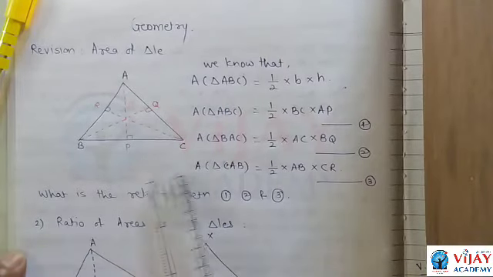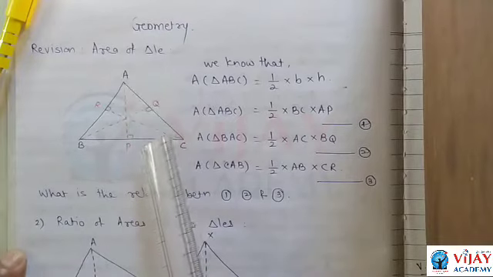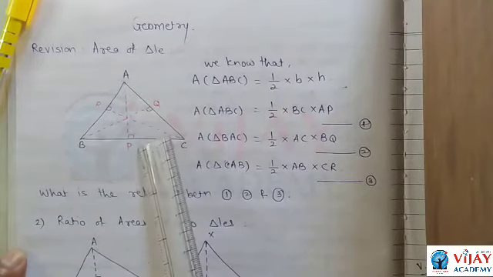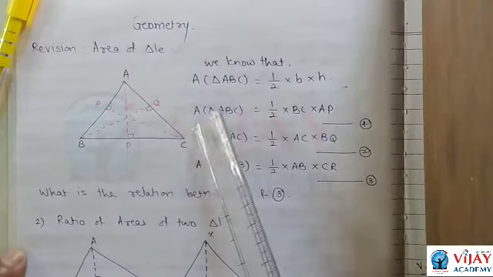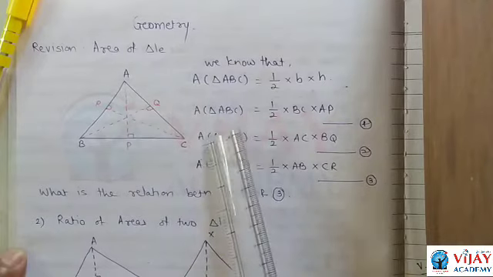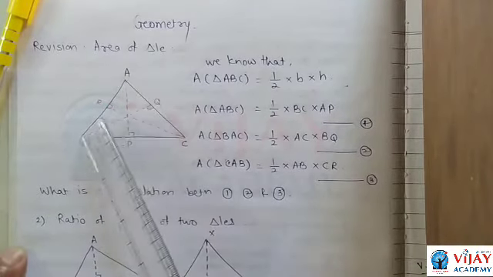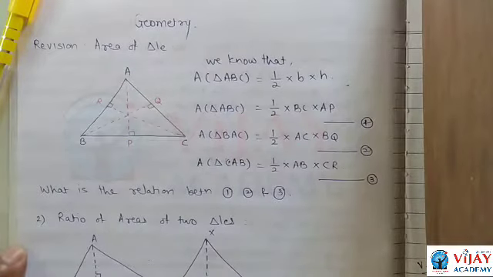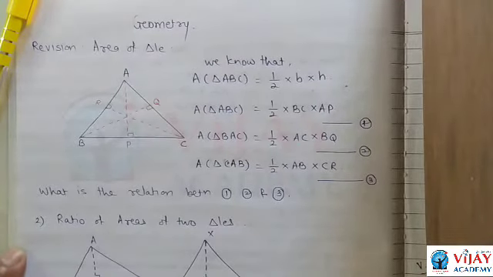If we take BC as a base, then AP acts as the height. It is the first altitude. Then second one, if we take AC as a base, BQ acts as the altitude. And if we take AB as a base, CR acts as the altitude, and altitude is the height of this triangle.